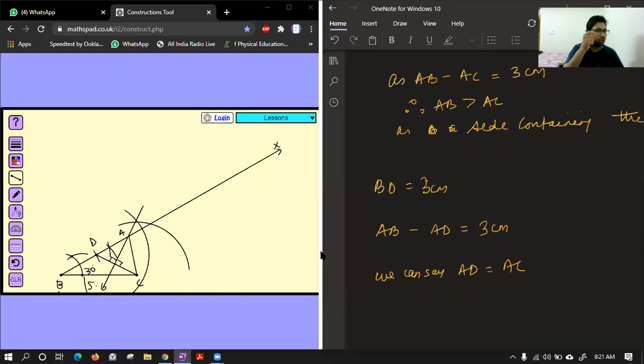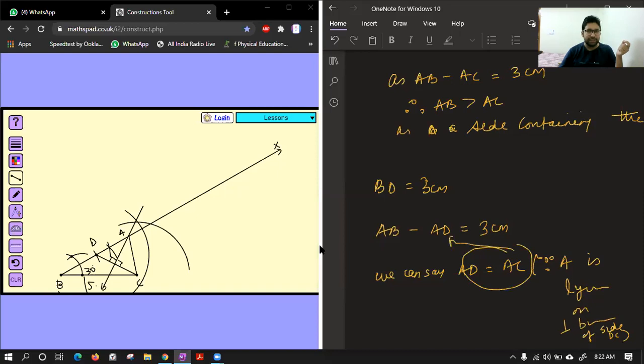Because point A is lying on the perpendicular bisector of side DC, and this is the property of a triangle: if a point is lying on the perpendicular bisector, that point is equidistant from the remaining two points. So can I replace this AD with AC?